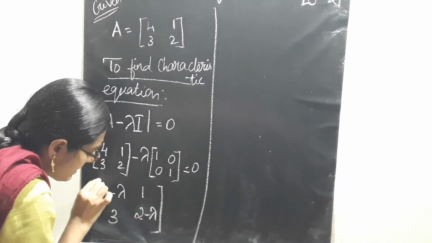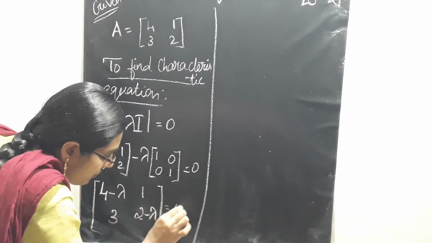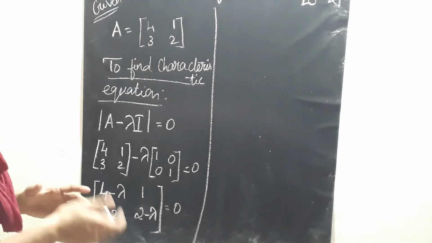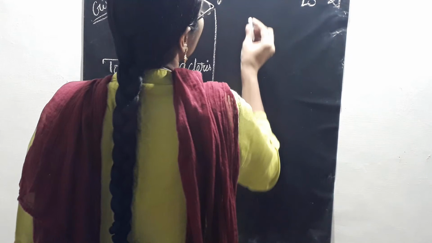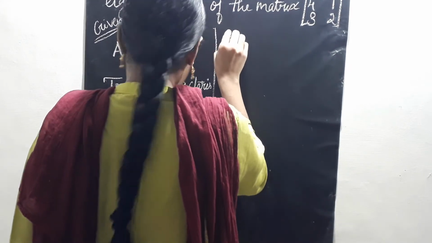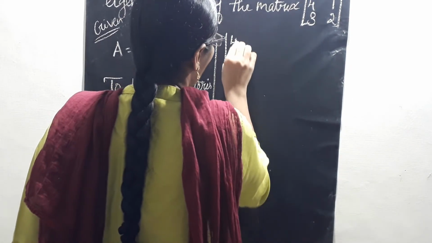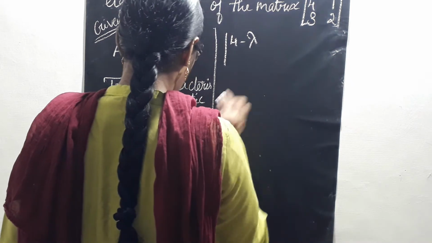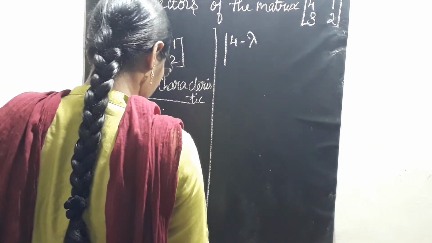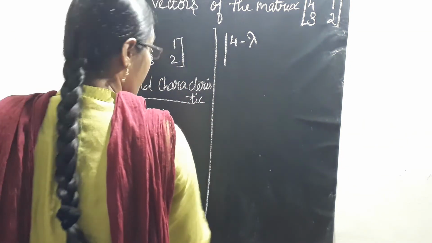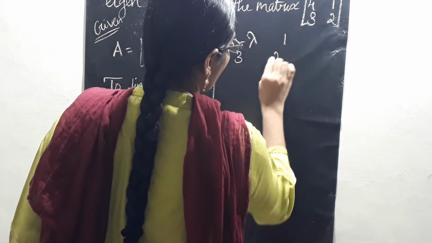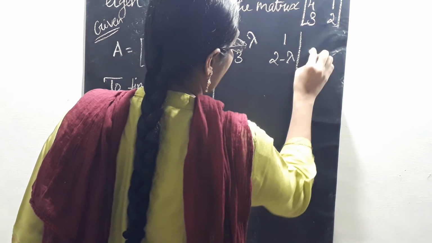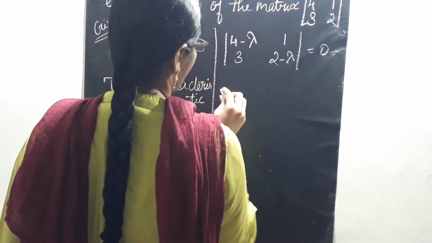So for this matrix, if you find the determinant, that will give you the characteristic equation. Therefore, the determinant of 4 minus lambda, 1, 3, 2 minus lambda is equal to 0.